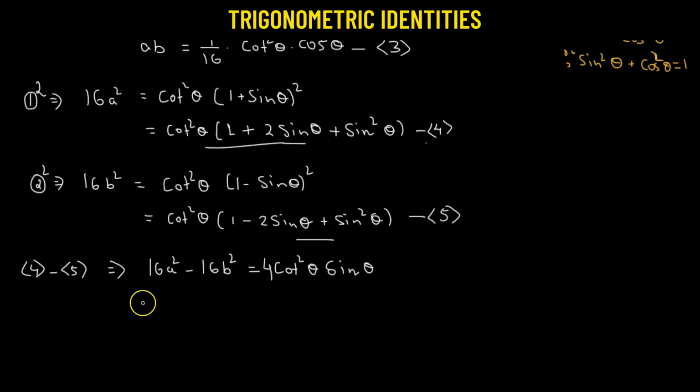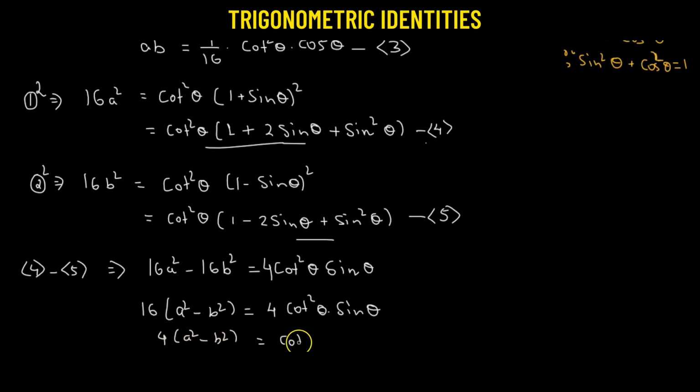Let's take 16 as the common factor. So 16 times (a squared minus b squared) equals 4 times cotangent squared theta times sine theta. We can divide each side by 4. So we have 4 times (a squared minus b squared) equals cotangent squared theta times sine theta.